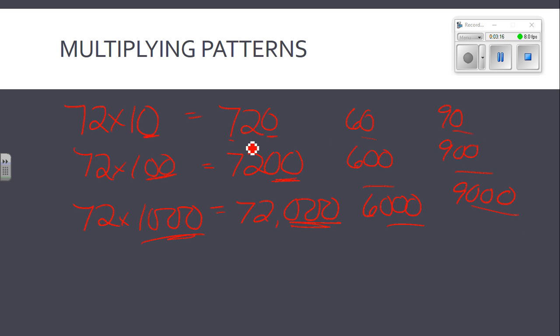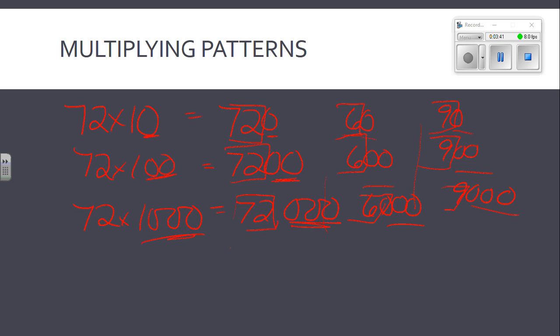And I also notice that the front number stays the same each time. Notice how they all stay the same? There's a 72 in front of all those, there's a 6 in front of all those, and there's a 9 in front of all those. We just end up adding zeros for each time we multiply.